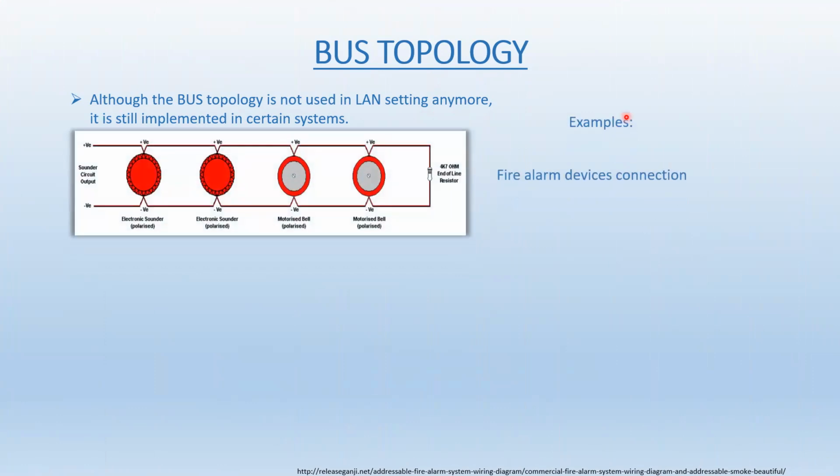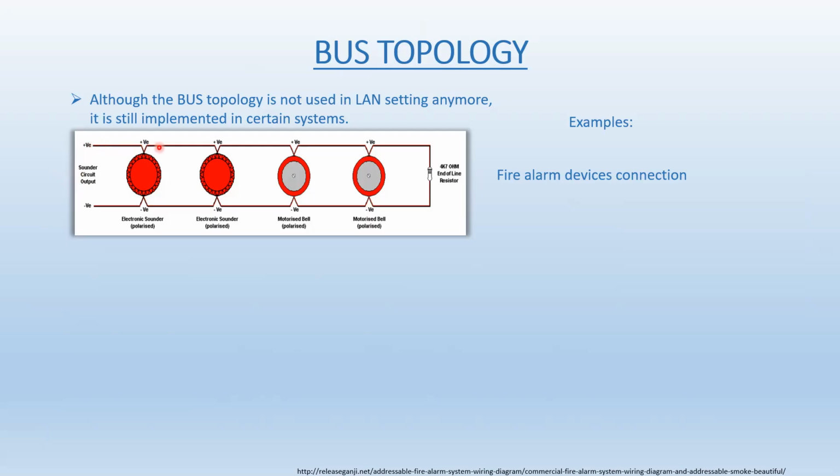Like, for example, the most primitive way I can explain to you, it would be a fire alarm device's connection. A zone in the fire alarm, which is a connection point, could be designated as east wing smoke detectors or west wing pull stations or something like that.